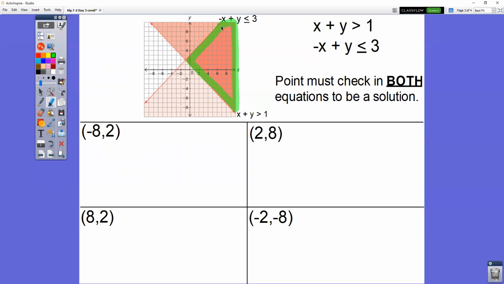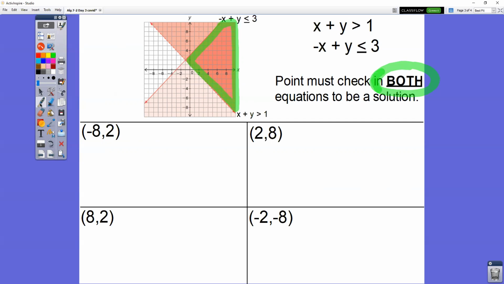But now watch what happens. When you have a system, it doesn't only have to check in one equation or inequality, it has to check in both to be a solution, because it has to be in the double shaded area. So that point has to be a yes for both inequalities.